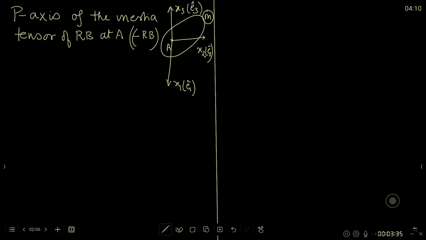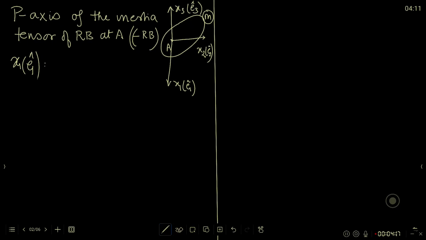I have shown 3 axes of a Cartesian coordinate system which has its origin fixed at A. Given this context, given this diagram, this axis x1 e1 is an axis, right? E1 is a direction. E1 gives me a direction. x1 e1 gives me an axis, and that axis is passing through A.